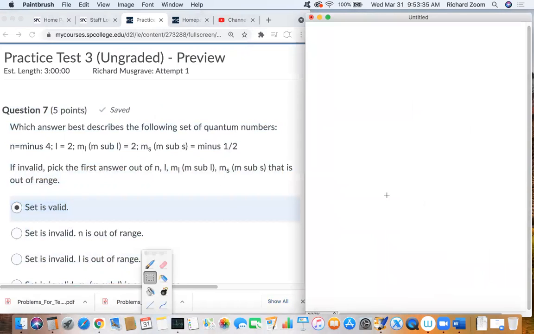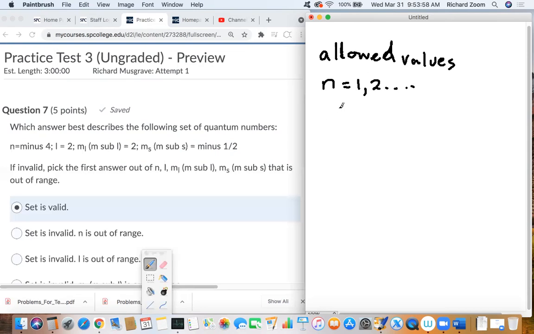So hang on. Before we choose any answers, let's go back and review here. Let's look at allowed values. The allowed values for n can be 1, 2, and so on.